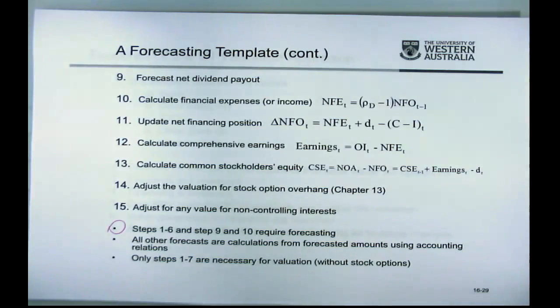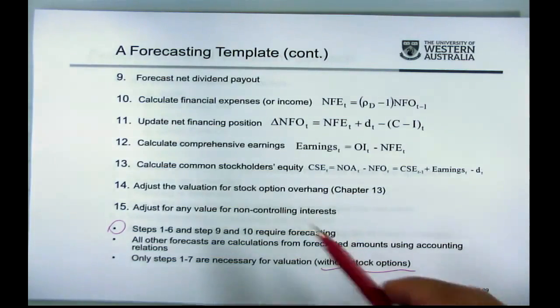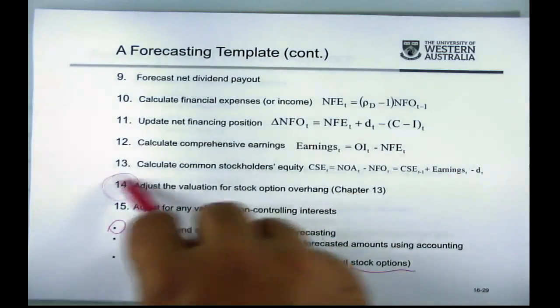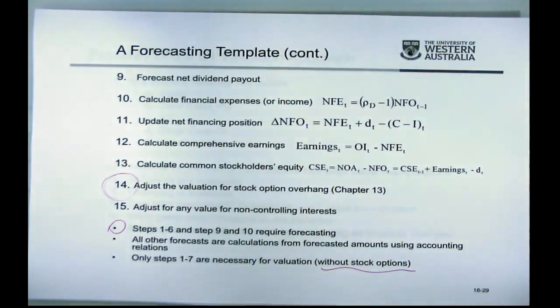This is true without stock options. If there are stock options, we should do some extra calculations to take into consideration the liability or the contingent liability arising from the option overhang, as well as the possible increase in the number of shares outstanding in case the options were exercised.